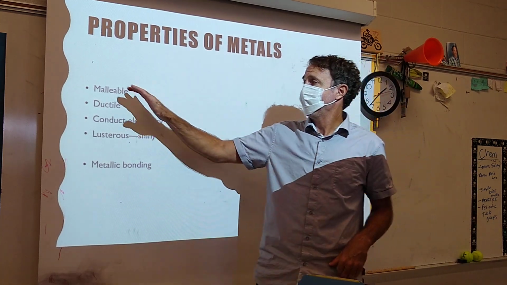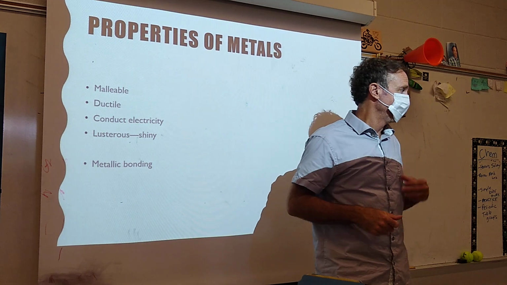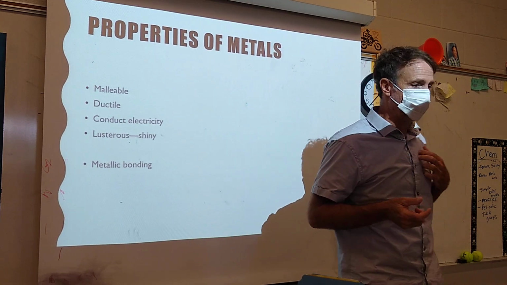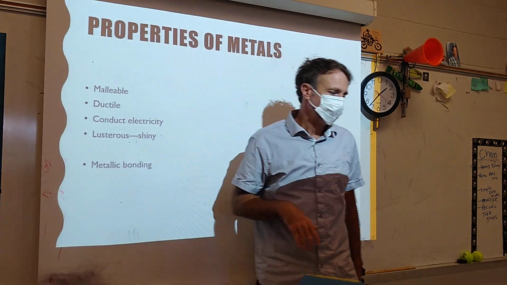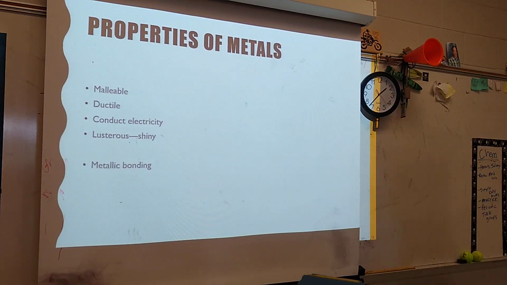Okay? Malleable means if you hit it with a hammer, it will just dent instead of break. And this word you may not be familiar with, ductile. Ductile means that metals can be spun into a wire or pulled into a wire, however you want to think about that. That's what it means to be ductile.